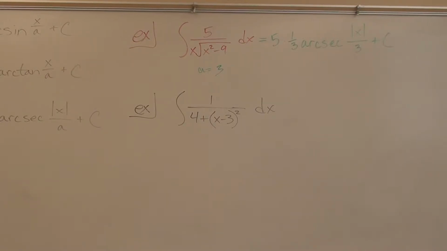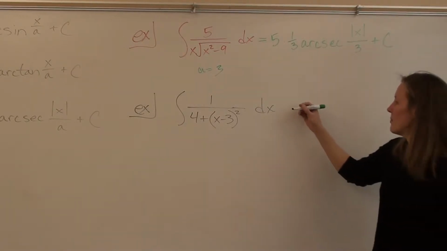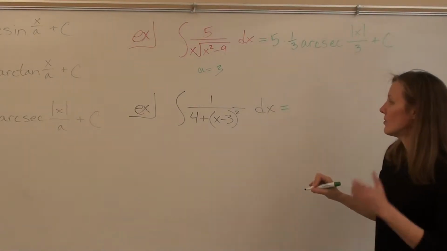Does this problem require a U-substitution? No, because that'd be pointless. Correct. When your argument is just x plus or minus a number, you don't have to do a U-sub. You can, but it's not necessary. So you can do this answer without a U-sub. So is there a 1 over a in front of arctan?